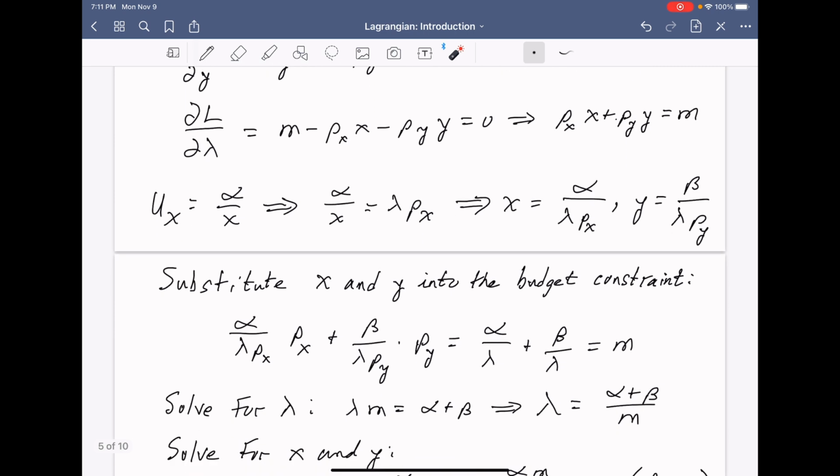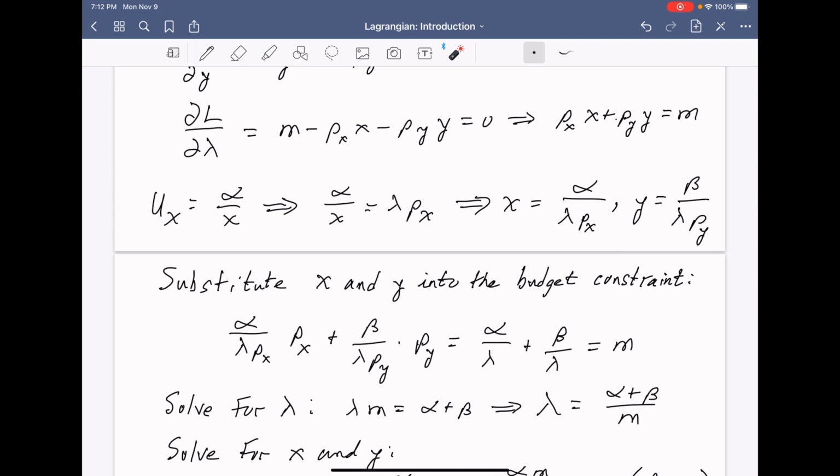Then we substitute x and y into the budget constraint. So we take that value, plug it into x, this value, plug it into y, and we get, because the p of x cancels p of x and p of y, alpha over lambda plus beta over lambda equals m.